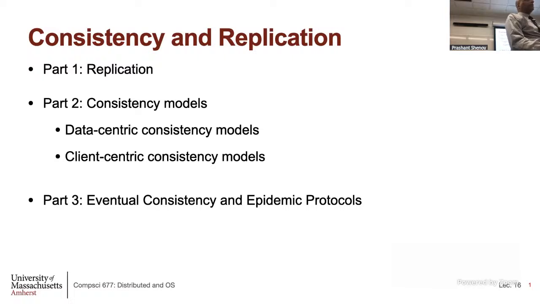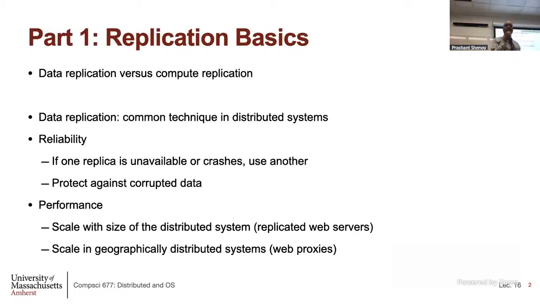Okay. So let's start with replication and try to understand why we need to have consistency, right? So replication, as we have seen, comes in two flavors. One is you replicate the data that's part of your distributed application, or you replicate the computation, where the code itself is replicated and is running on multiple machines. So today we are mostly concerned about data replication.